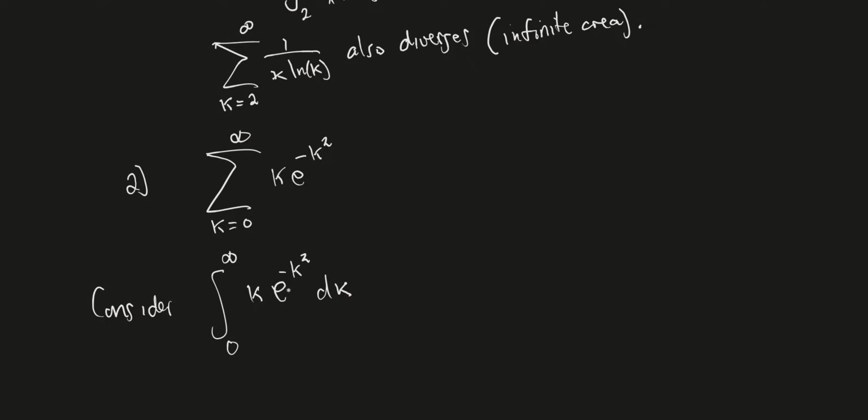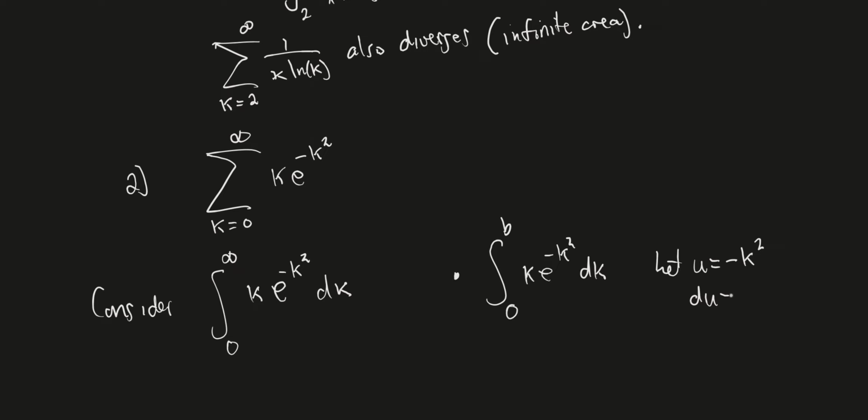Well, before we do that, let's write down our area function. So the integral from 0 to b of k e to the negative k squared dk, like Donkey Kong. So then we're going to let u be equal to negative k squared. So I'm just going to make the entire exponent my u.